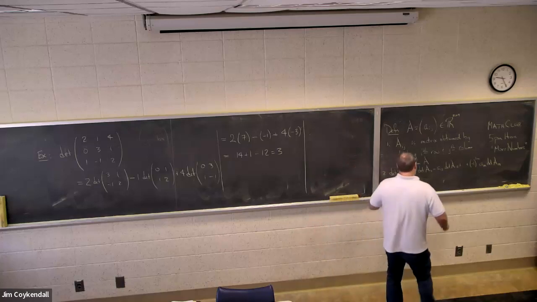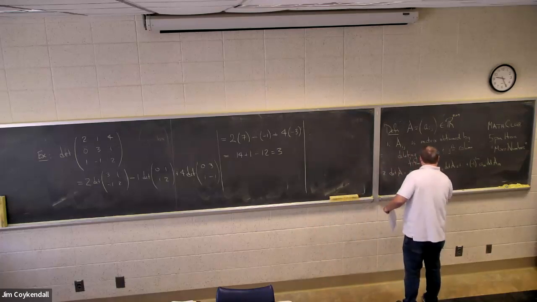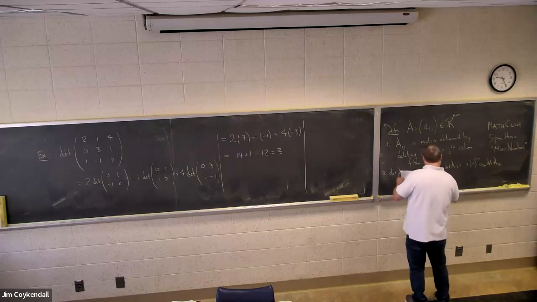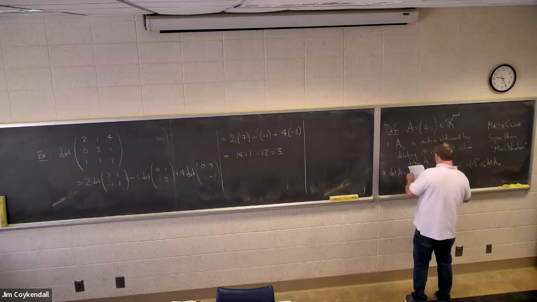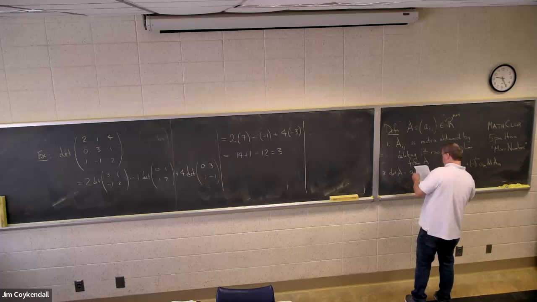Or if you like the sigma notation, you can write it in this kind of clear form: sum over j of A_1j times the determinant of A_1j, with alternating signs.